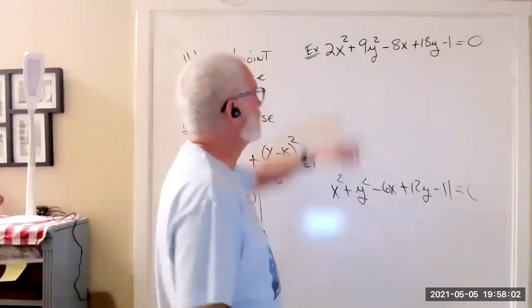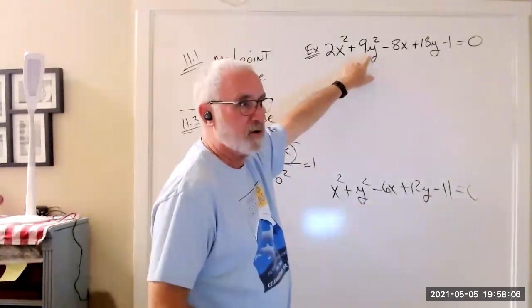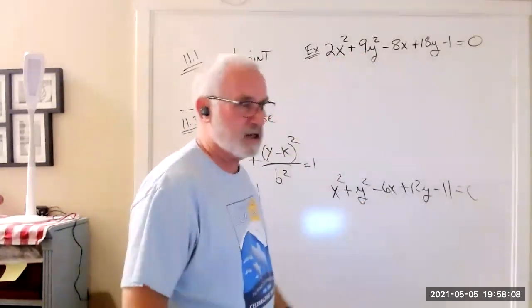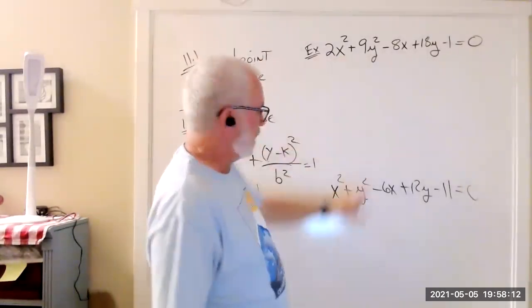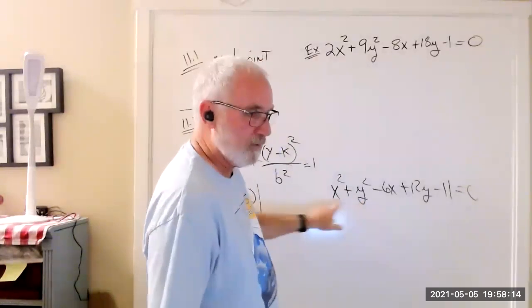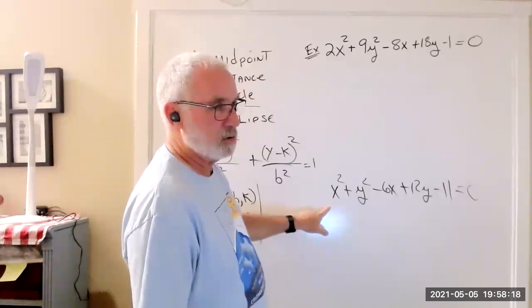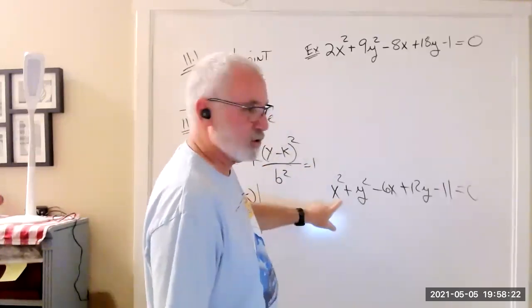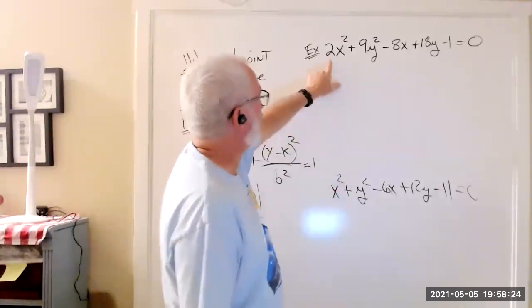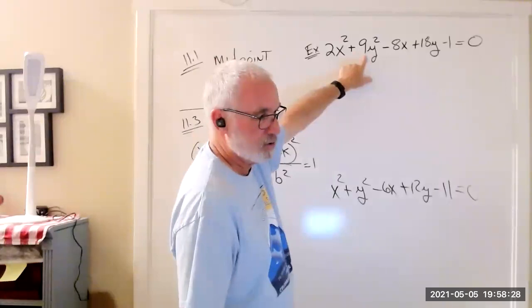On an ellipse, the coefficients of the x squared and y squared are different. So you can glance at this and say, they're different, it's an ellipse. They're the same, it's a circle. It's that easy. I can tell that's an ellipse. I can tell that's a circle simply by looking at the coefficients of the squared terms.